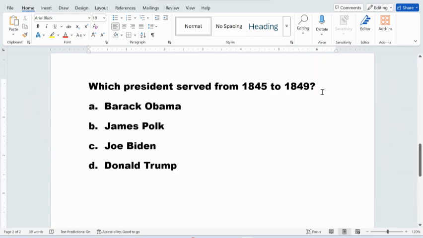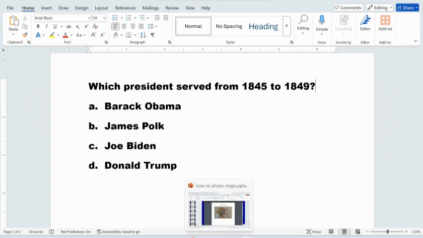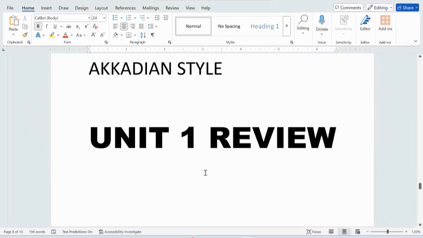Who was it? James Polk. How do you know? Because the rest were too recent. You know who the other people are and when they were. So the non-answers helped you to get the right answer. Does that make sense? All right. So I'm going to make sure that we know everything that's on the test so that it helps you on the test.